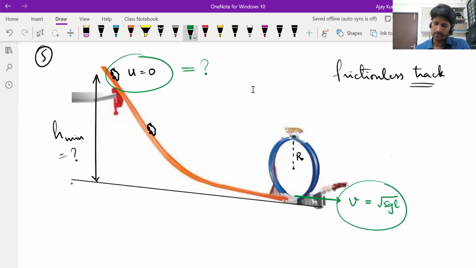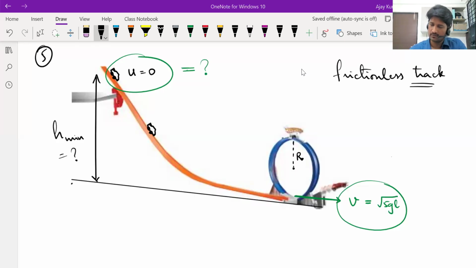Pawan, can you tell what forces act on it? Gravitation. Normal force. Weight and normal force will be acting, correct? Will normal force do any work as the car slides down? No, sir.